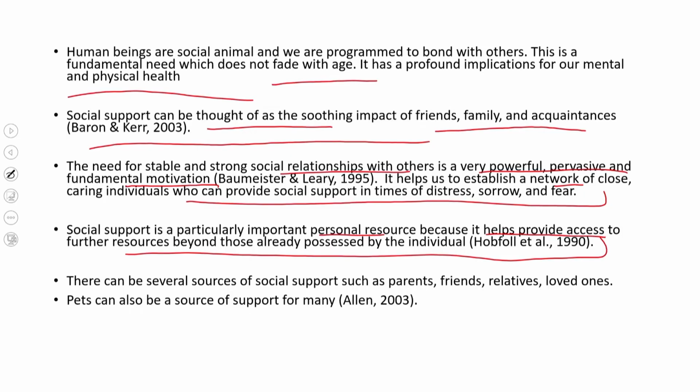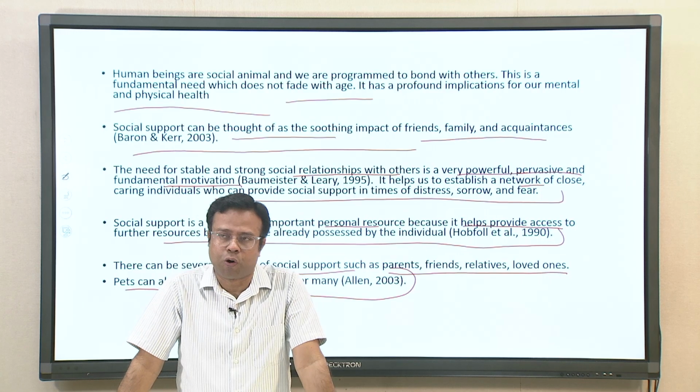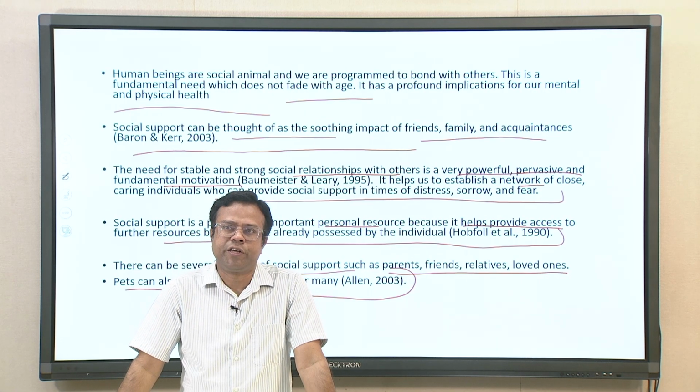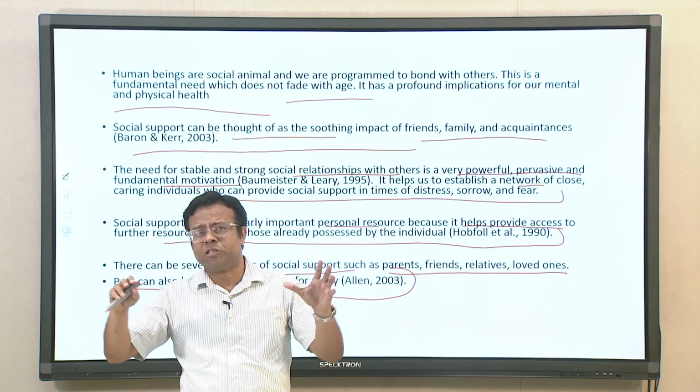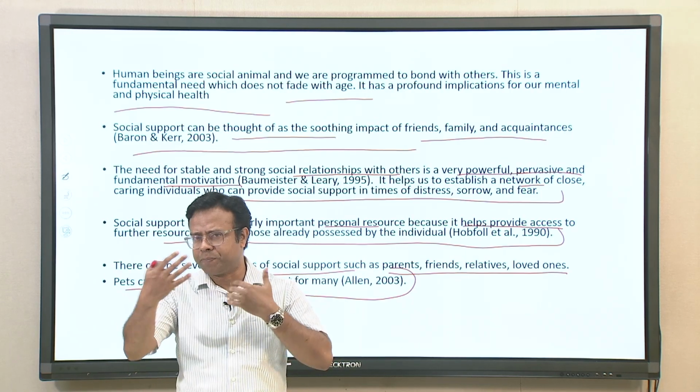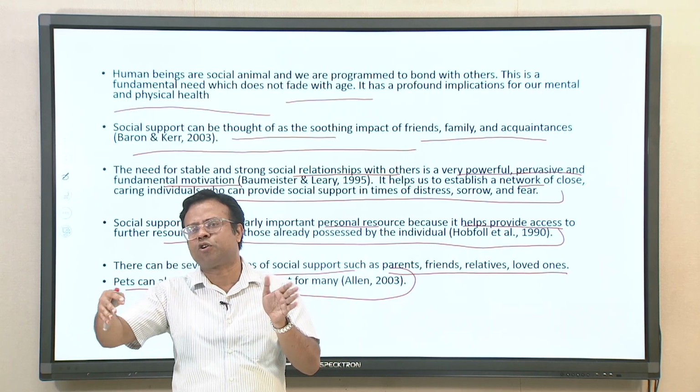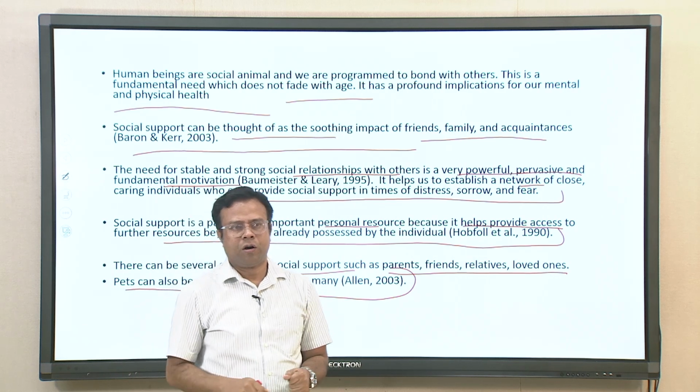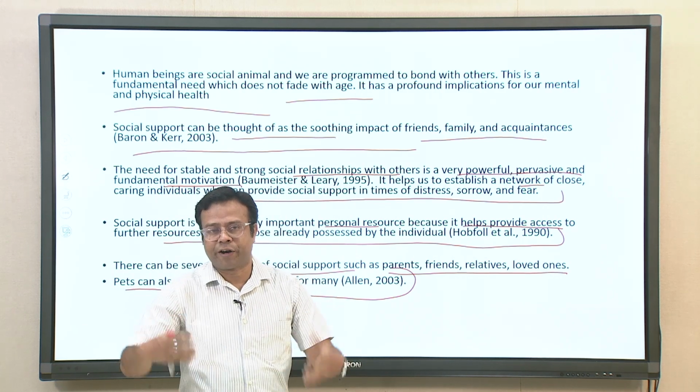People get support from several sources. It may include parents, friends, relatives, loved ones. Sometimes people say pets can also be a source of support for many people. Pets, whatever we take, some animal pets like cats, dogs and so on, especially in modern living where the social ties are not so strong, where people find it difficult to connect with other people.